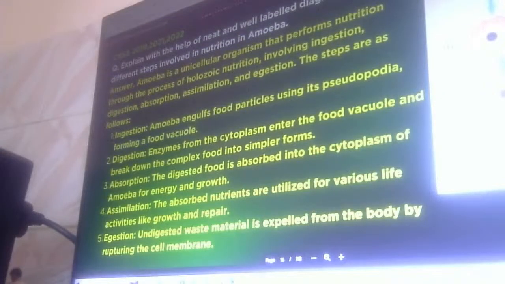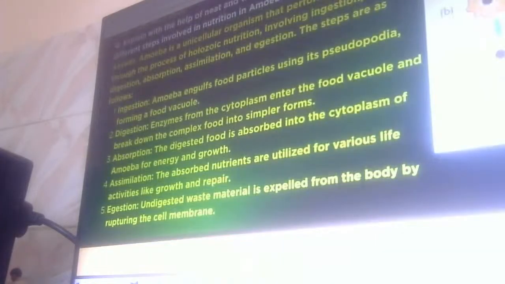Oh no, no explanation required. Follows like gesture, gesture, option, protoplasm, assimilation, gesture.